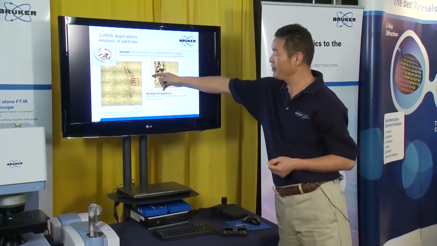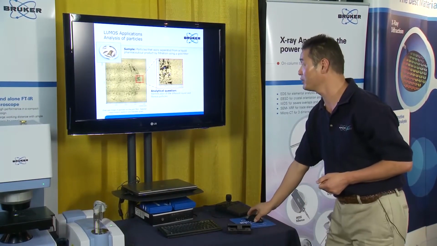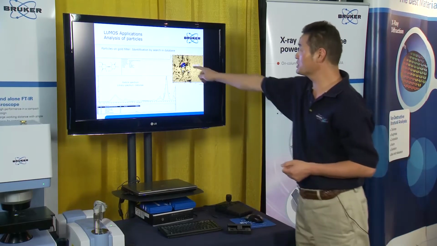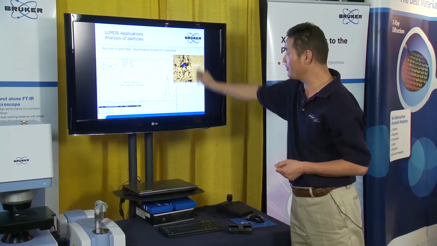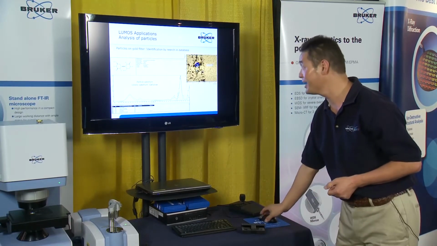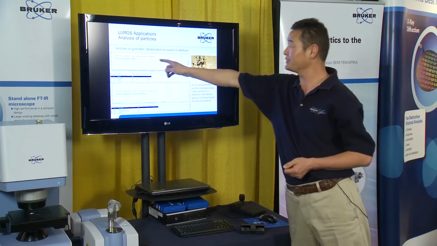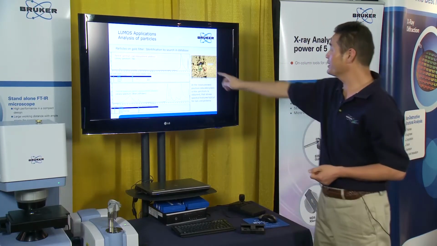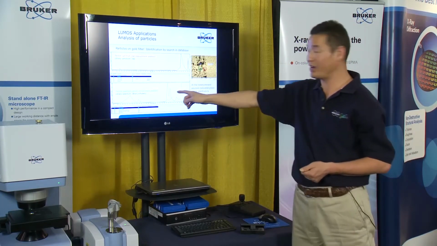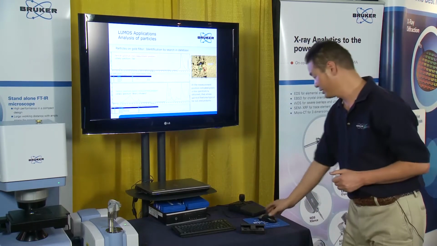We just filter them, get the spots and measure them individually. For example, the blue spot over here has black stuff. It's identified as cellulose, so it's a contamination. The red spot is identified as talc, and the green spot is identified as protein plus talc. So very, very quick.